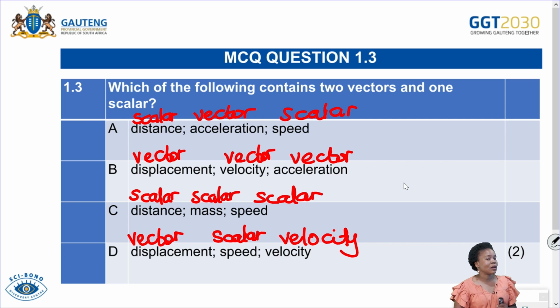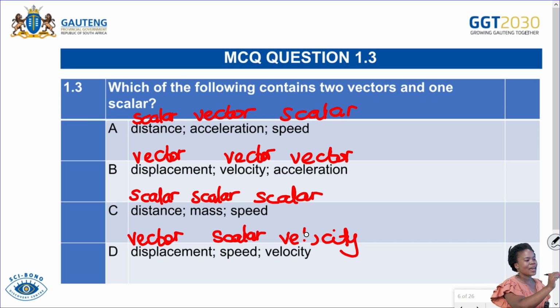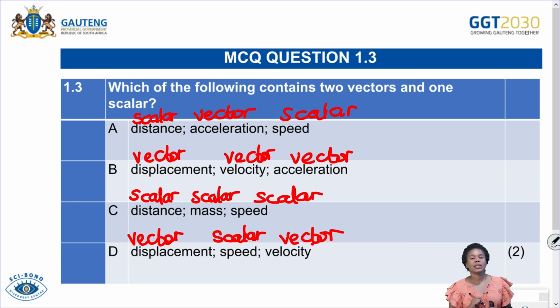But option D, sorry, this one was supposed to be a vector, not velocity. We are repeating the velocity that they've provided to us. So this one is a vector. With option D, you have two vectors, just like the question wanted, as well as one scalar. So the correct answer is option D.